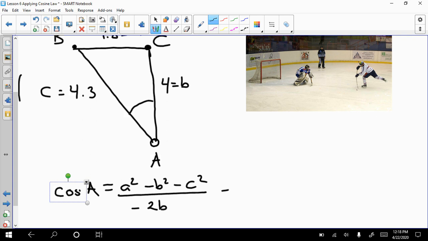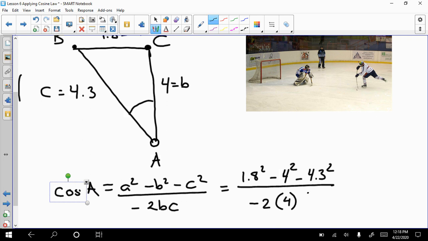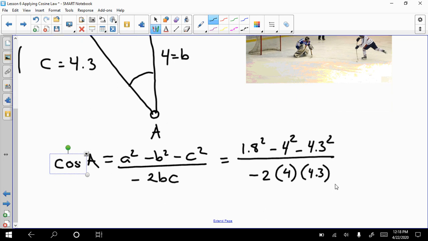All right, well, let's plug our numbers in. 1.8 squared minus 4 squared minus 4.3 squared, divided by minus 2 times 4 times 4.3. Okay, so here we go.